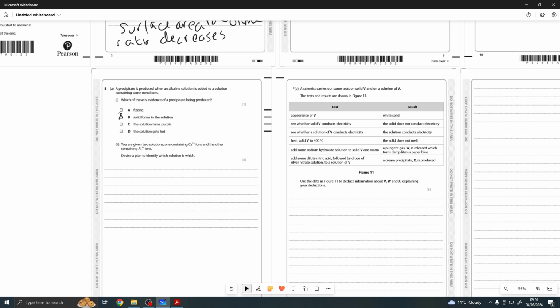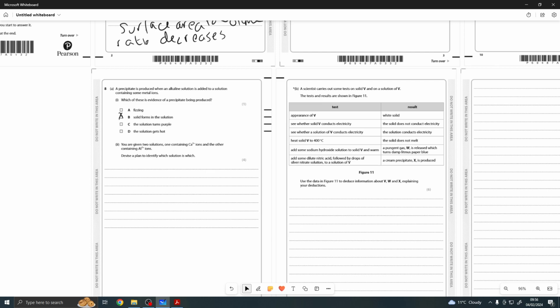You are given 2 solutions, one containing calcium ions and the other containing aluminium ions, and you need to devise a plan, basically make an experiment, to suggest which solution is which.